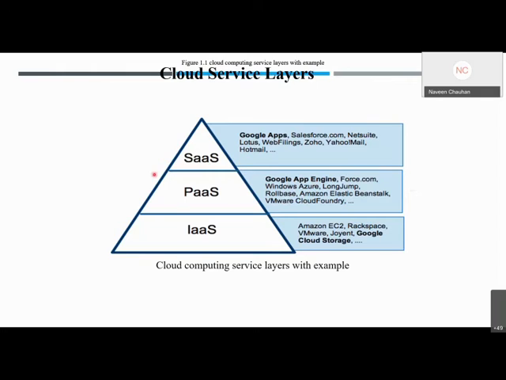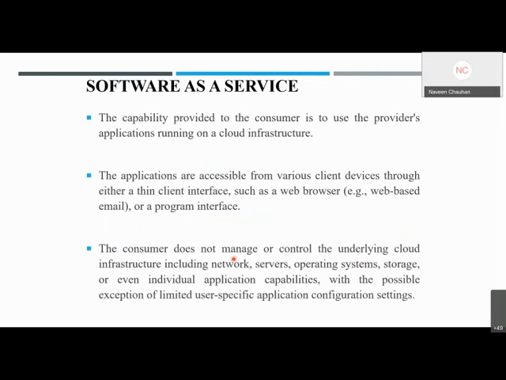These are all there as platform as a service. And lastly, we have infrastructure as a service, for which we have VMware again, Amazon EC2, Rackspace, Google Cloud Storage. So these are all the utilities which are available for us as cloud service layers, in terms of software as a service, platform as a service, and infrastructure as a service.